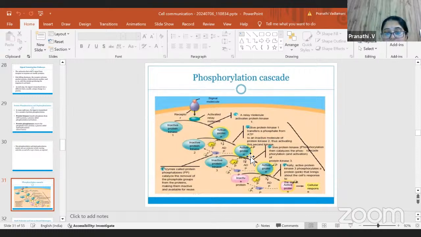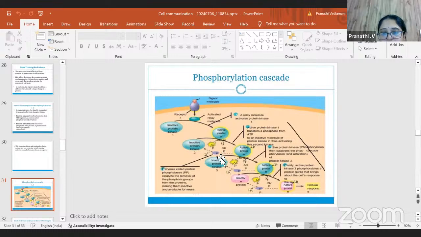In the case of a MAP kinase, mitogen activated protein kinase, it gets activated and transfers a phosphate to another kinase, turning another inactive protein kinase into an active protein kinase. Again, energy is involved.